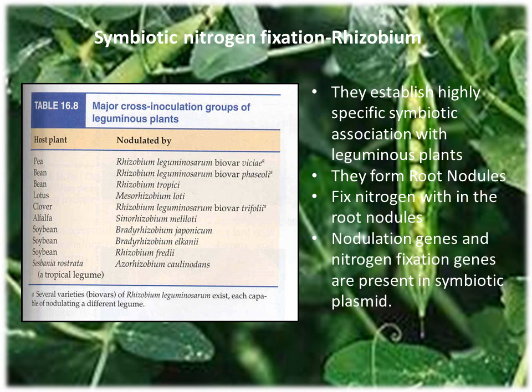They are highly specific for symbiotic association and produce root nodules in leguminous plants. They can fix atmospheric nitrogen only inside the root nodules, because root nodule formation is highly important for nitrogenase activity.